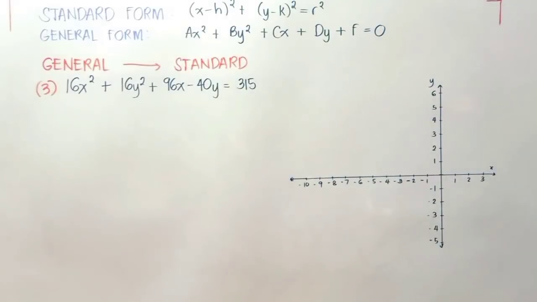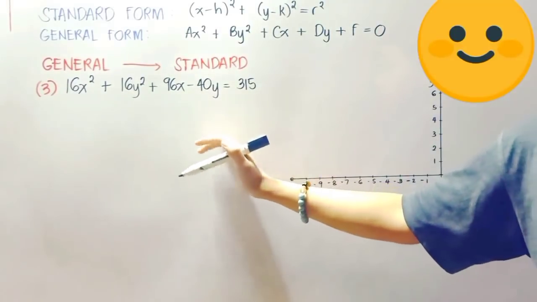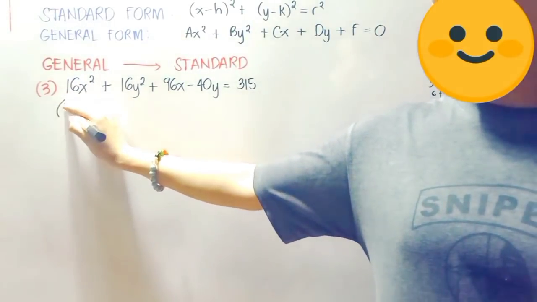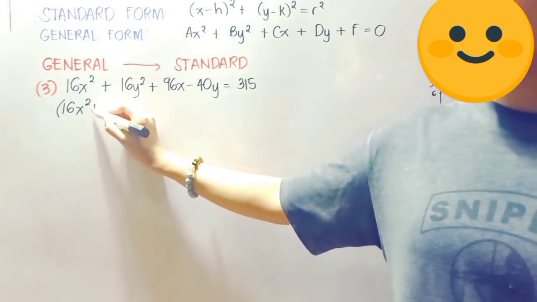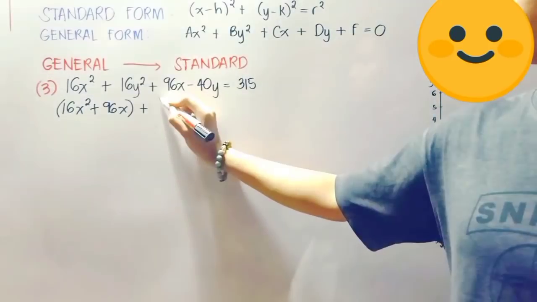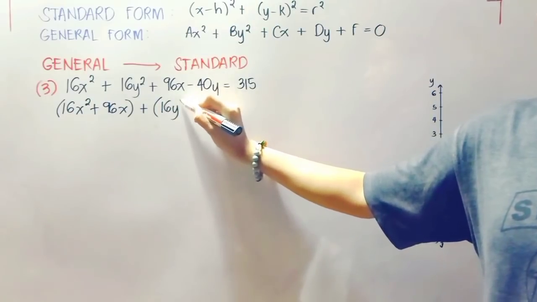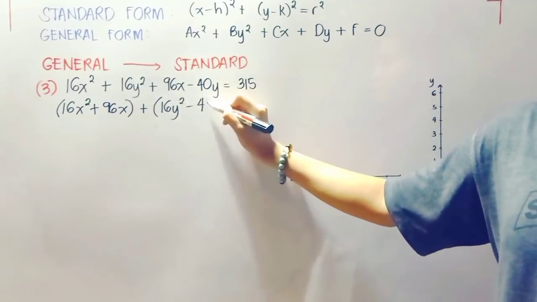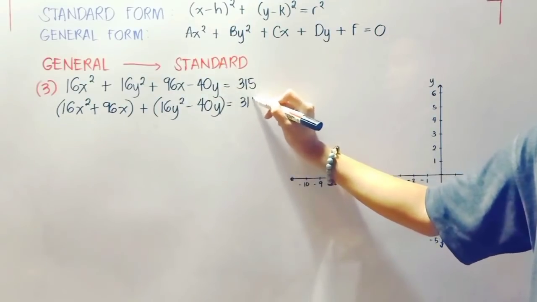The same first step here, we have to group the terms with the same variable. So we have here 16x squared plus 96x, and then the other group is 16y squared minus 40y, and then copy 315.